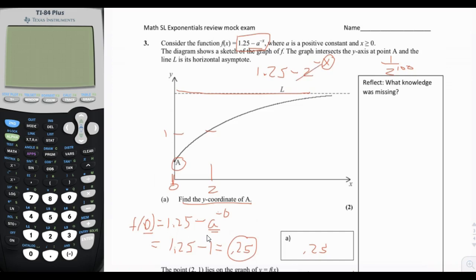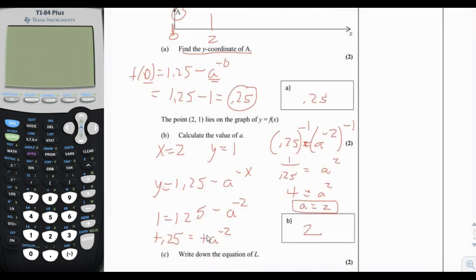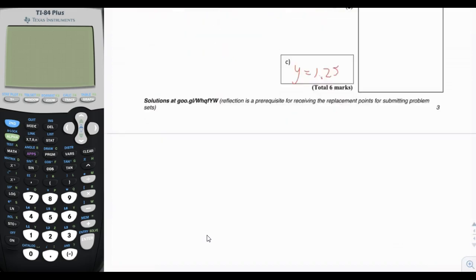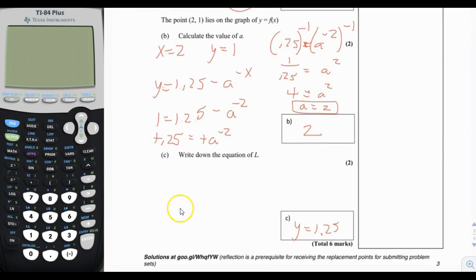So this is basically 0. And you can see that the asymptote is your constant, which is right there. And you also discovered that during your investigation about exponential functions. So basically, the equation of L is going to be y equals 1.25. Okay, and that is the last problem for this test, or for this mock exam.